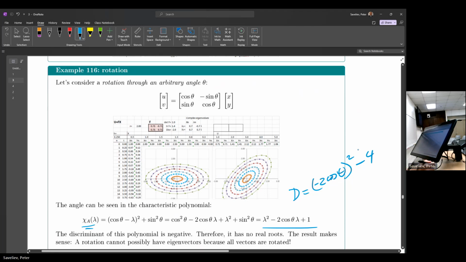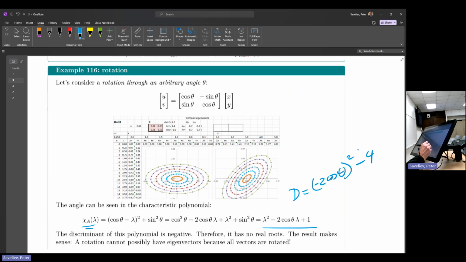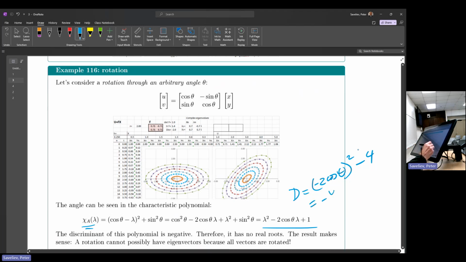And what is it equal to? It's equal to 4 cosine squared theta minus 4, or 4 times (cosine squared theta minus 1). I'm sorry, there is no negative here.